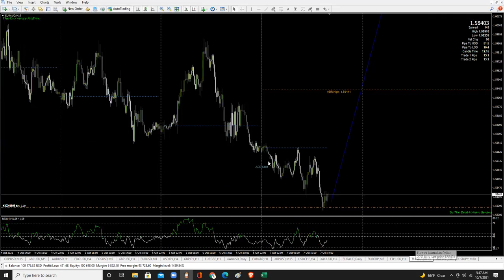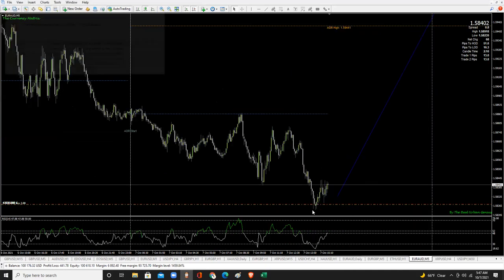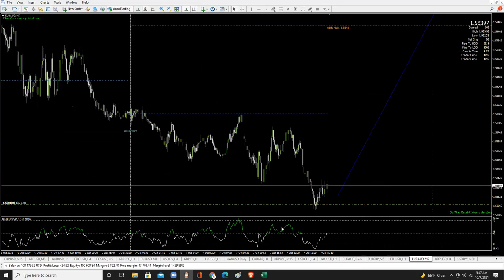Even over here on the Euro Aussie, both of my stops are already in profit, but if I want to, I can close one. I'm not going to because they're so clutch down there.